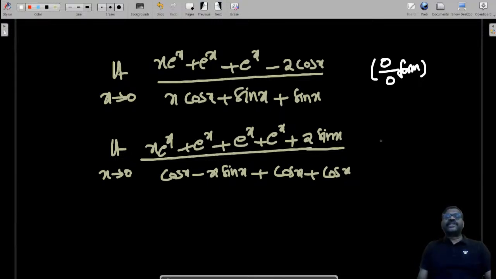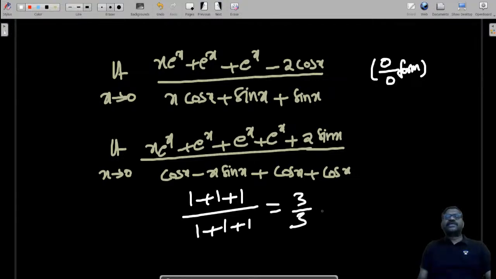When x is tending to 0, it is 1 plus 1 plus 1 by 1 plus 1 plus 1, 3 by 3. That is 1. Final answer is 1. Understood?